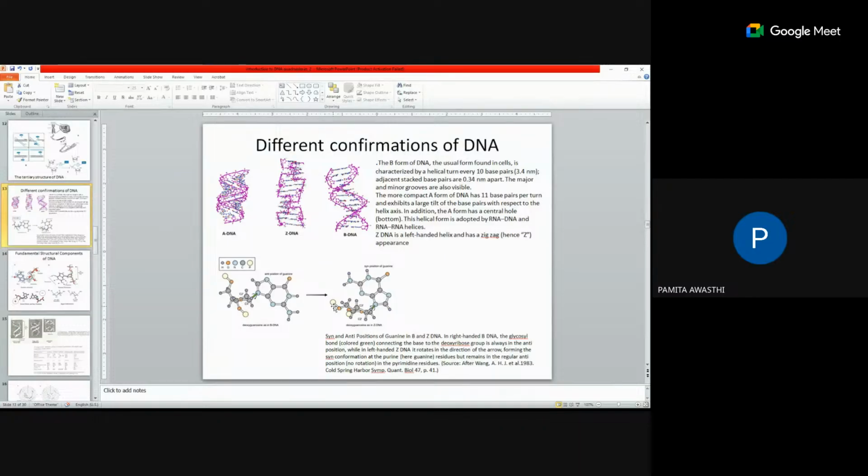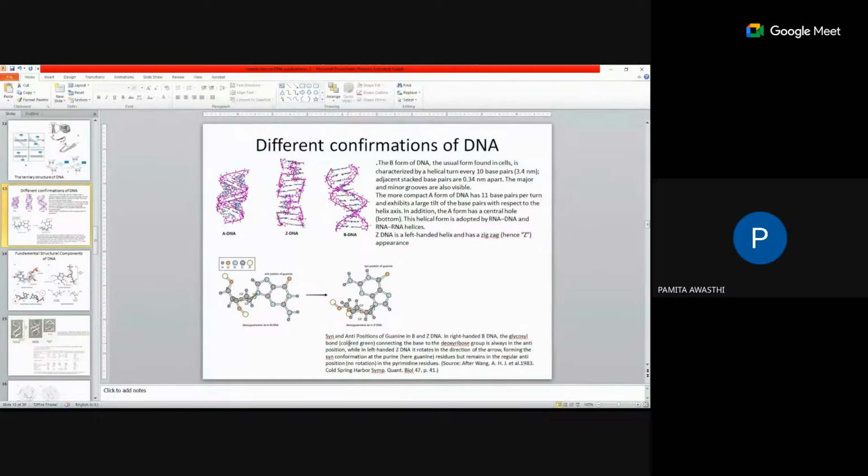This bond can have two conformations, syn as well as anti. In right-handed DNA, which we will discuss in detail in coming slides, the glycosidic bond is always in anti conformation. In left-handed helical structure, specifically in Z type of DNA, the fundamental repeating unit is usually a purine and pyrimidine dinucleotide, where the glycosidic bond is in anti conformation at the pyrimidine residue, whereas it is in syn conformation at the purine residues.